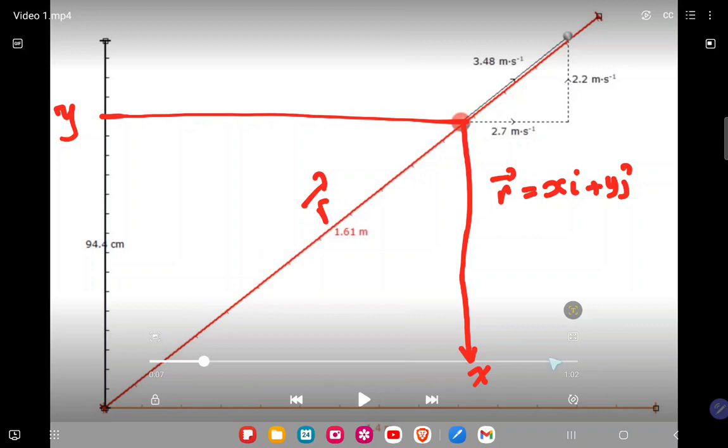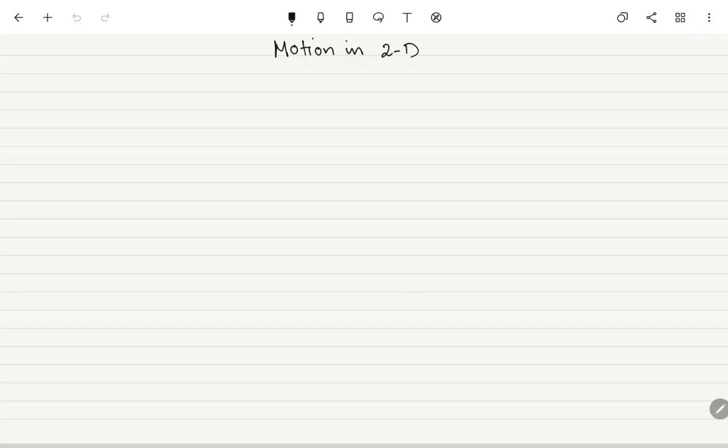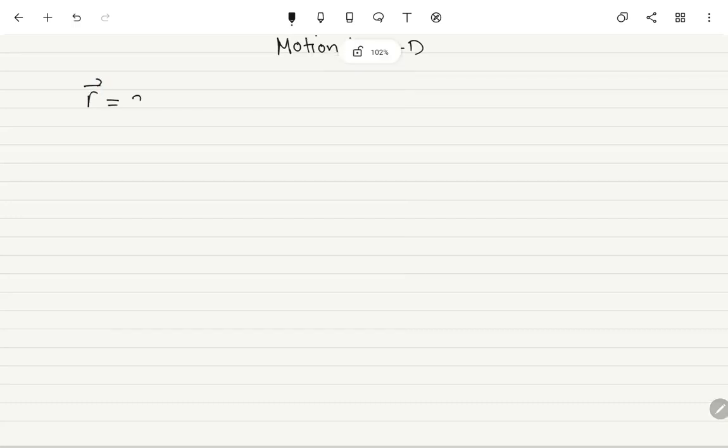Remember, the x and y coordinates are in the horizontal direction, which means parallel to the surface of the earth. So let's identify the position vector r equal to x i hat plus y j hat.